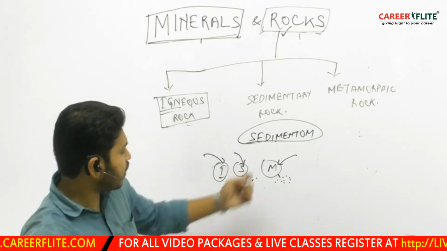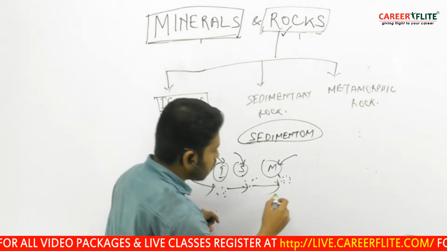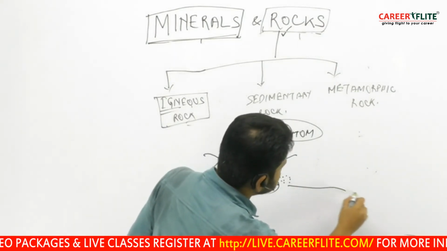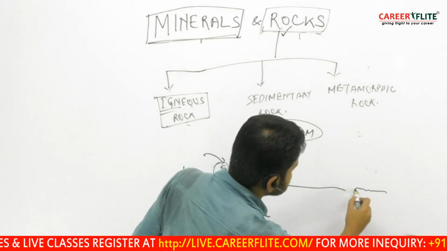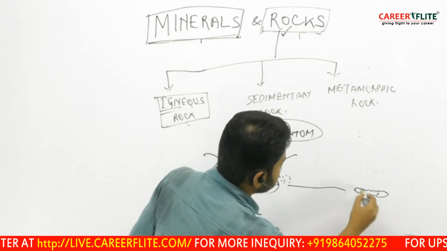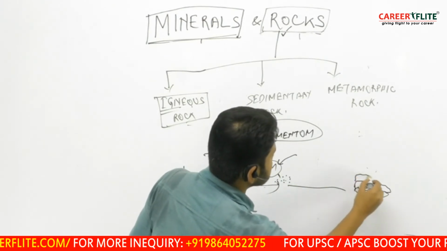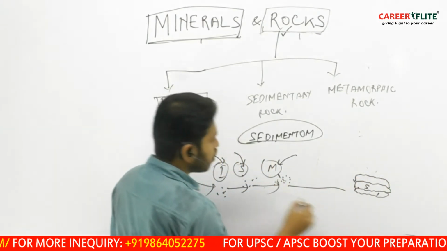Now again, these fragments will be brought by running water or other agents like wind or glacier, and will get deposited in some other part. Suppose this layer has been made by deposition of igneous rock, this by the sediments of sedimentary rock, and this layer is made up of the sediment fragments of metamorphic rocks.